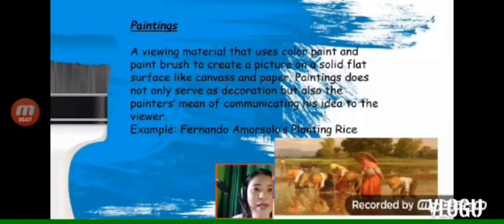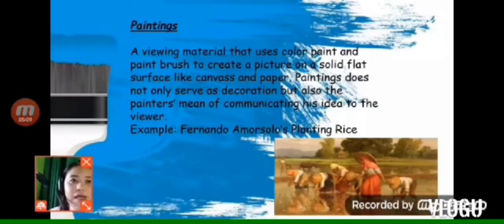Next are the paintings. A viewing material that uses color paint and paintbrush to create a picture on a solid flat surface like canvas and paper. Painting does not only serve as decoration, but also as the painter's means of communicating his idea to the viewer.